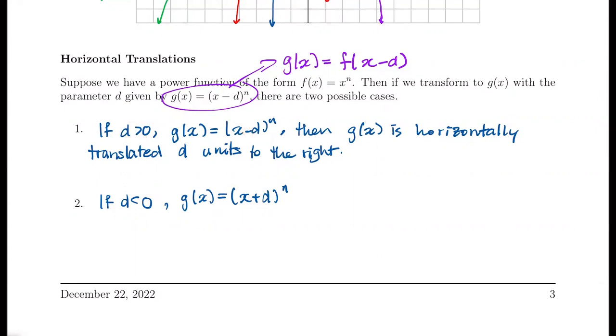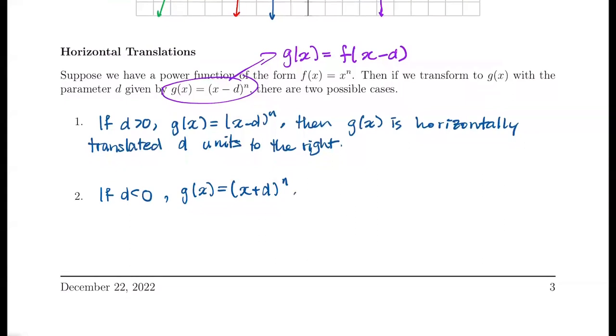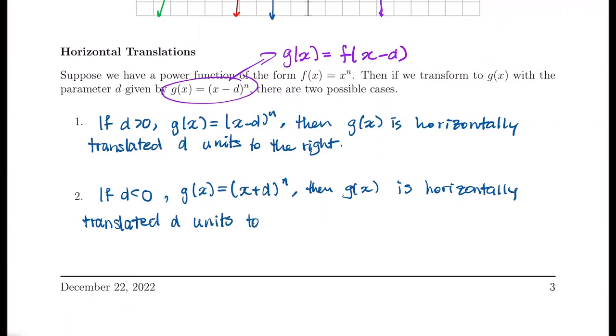So you've got to be a little bit careful. It's just a little bit tricky. All right, so then g of x is horizontally translated d units to the left.